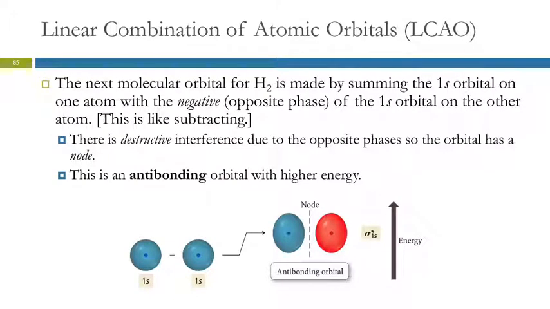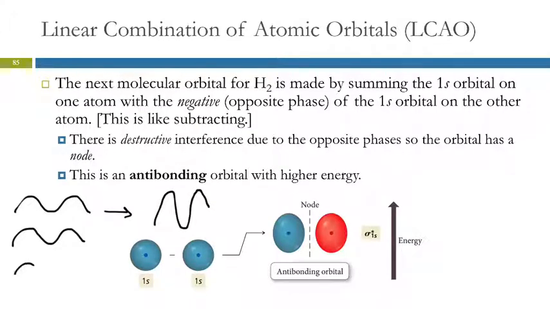Do you remember we talked about constructive and destructive interference of waves? When you have two waves that are in phase and you add them together, they get taller, right? But if you add waves that are out of phase, they cancel each other out.